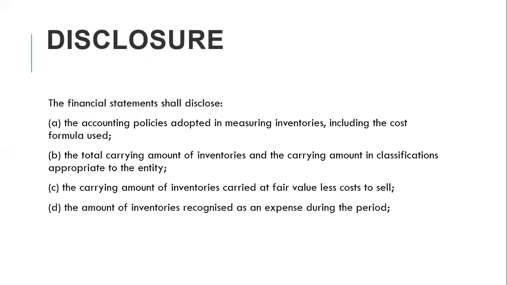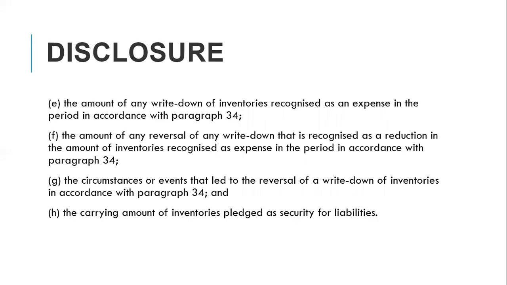The amount of inventories recognized as an expense during the period. The amount of any write-down of inventories recognized as an expense in the period in accordance with paragraph 34. The amount of any reversal of any write-down that is recognized as a reduction in the amount of inventories recognized as expense in the period in accordance with paragraph 34.